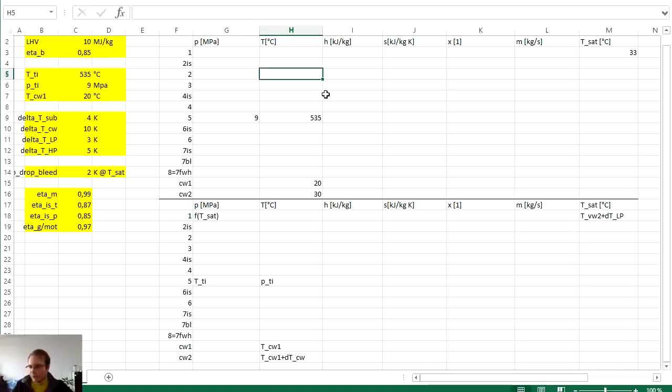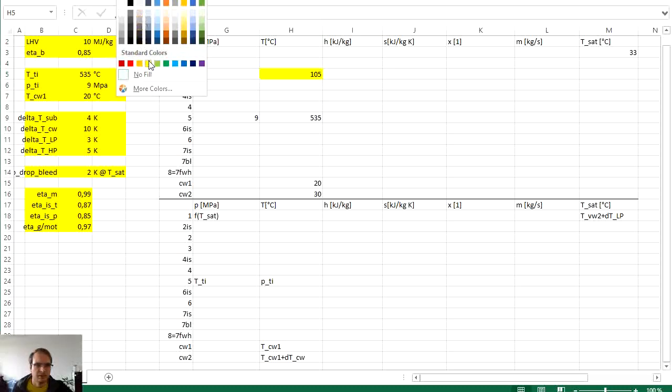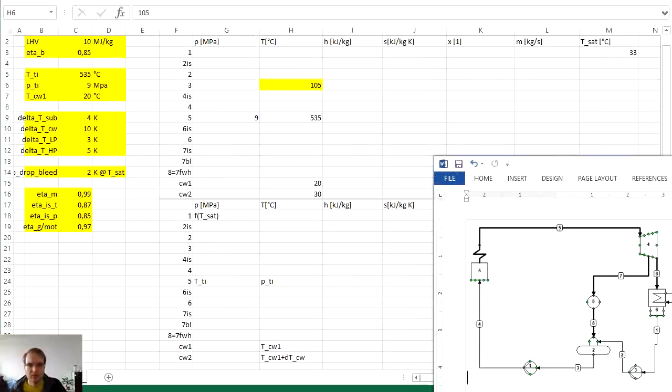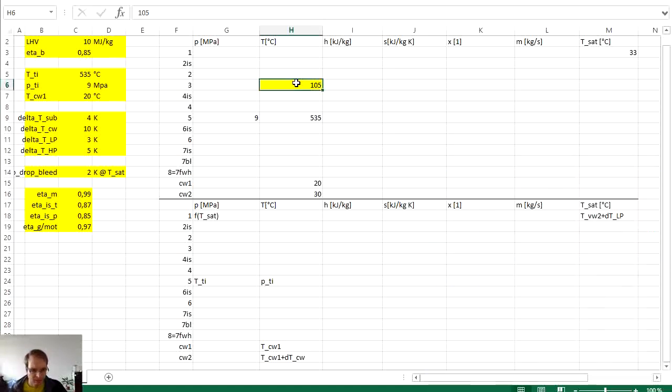So we have temperature here set as 105, and it's basically a boundary condition. And sorry, it's number 3, as it's pipe number 3, the outlet of the aerator. So the same 105 degrees C will be specified down here.